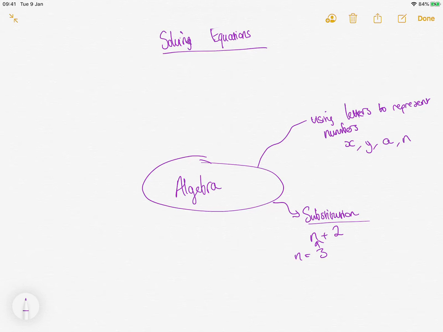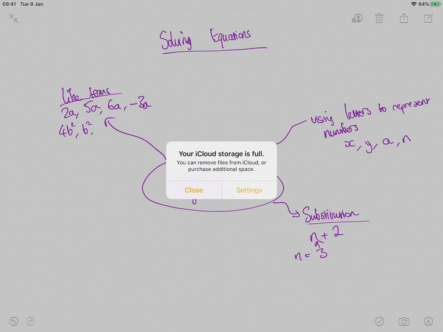Something else you could have had is like terms. Remember, that's where they have the same letter and the same power. So I'll write down some like terms here: 2a and 5a, 6a, and so on, minus 3a; 4b squared, b squared, 5b squared, and so on.